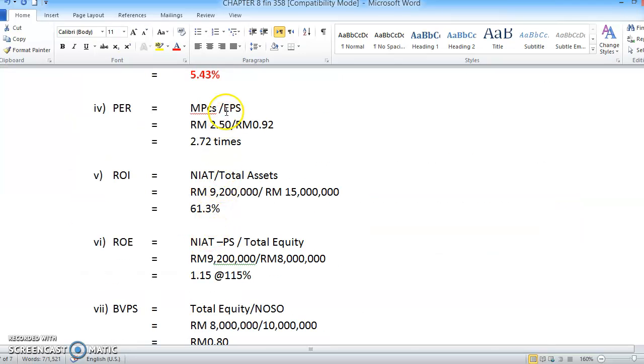So kena bahagi dengan EPS yang kita calculate dalam soalan 1 tadi, which is 92 cents. So RM2.50 divided by 0.92. So you will get 2.72 times. Remember, untuk PER jawapannya adalah dalam bentuk times. So it's a kind of ratio. Price earning ratio, so 2.72 times.